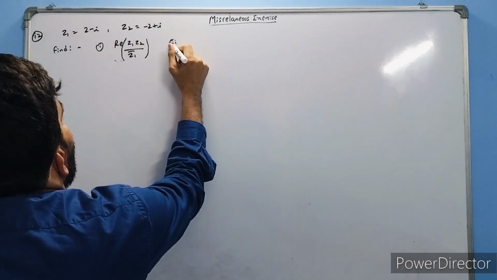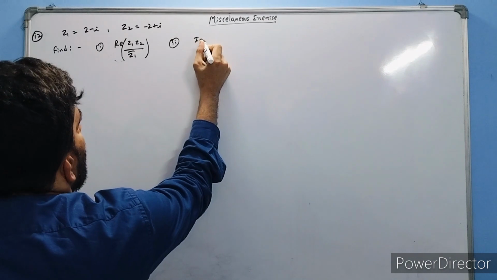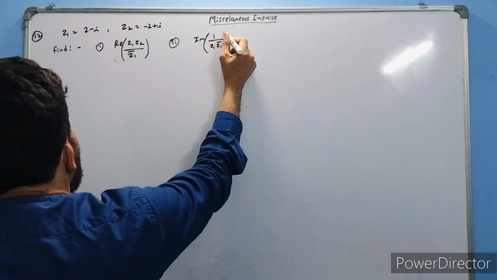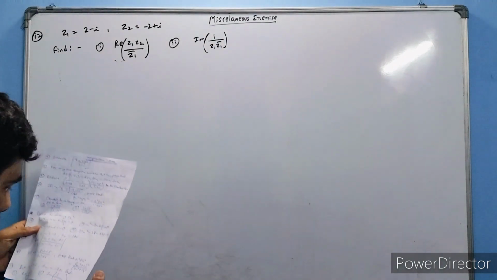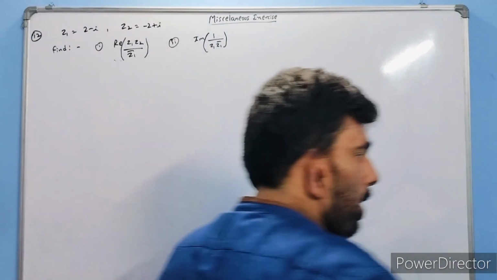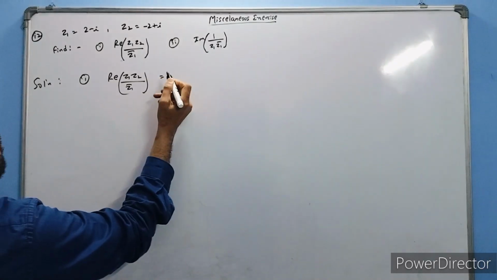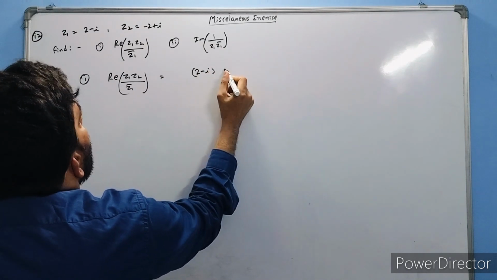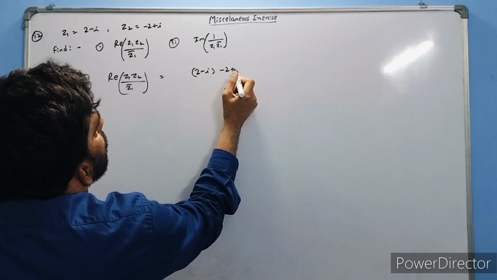In the second part, we need to find the imaginary number 1 upon z1 bar z1. Okay, so now let us see how we are able to find this. Let us solve. For the first part we have z1 z2 upon z1 bar. So z1 we have 2 minus i, and z2 we have minus 2 plus i.